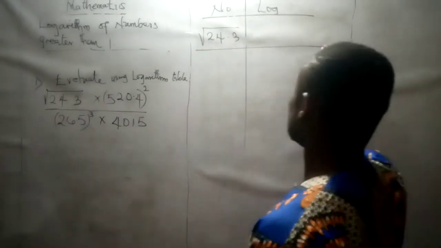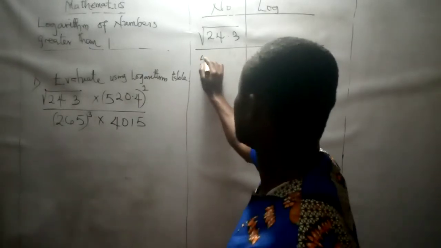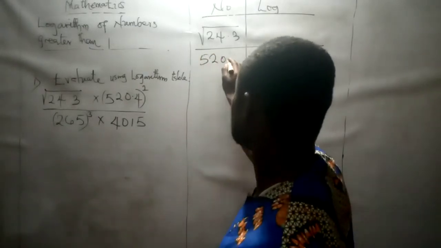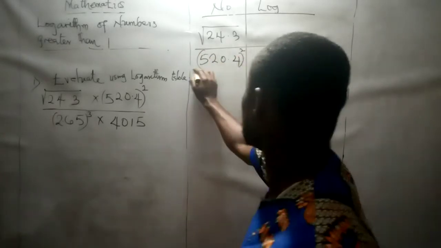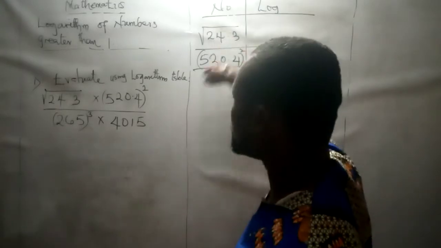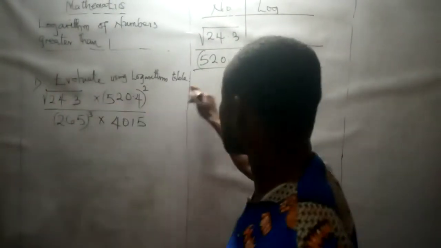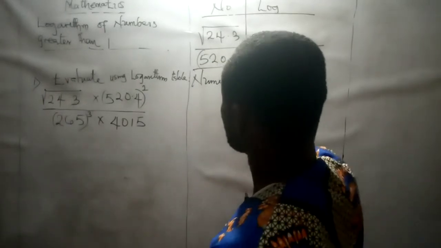So we are going to solve this. The second one, we have 520.4, all raised to power 2. We solve this. Now, whatever thing we obtained, it becomes our numerator.